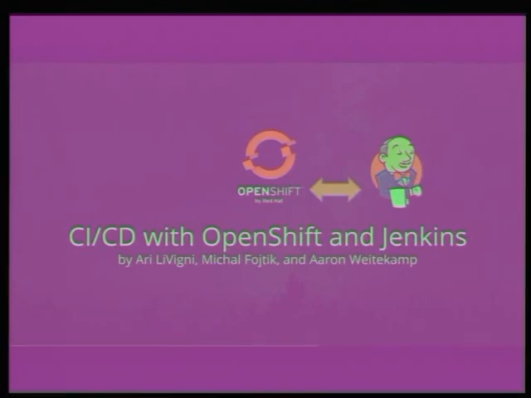So welcome to our talk about CI/CD, continuous integration and delivery with Jenkins and OpenShift. This is really a tools kind of discussion, but we want to recognize from the beginning that CI and CD practices are not just about the tools, right?